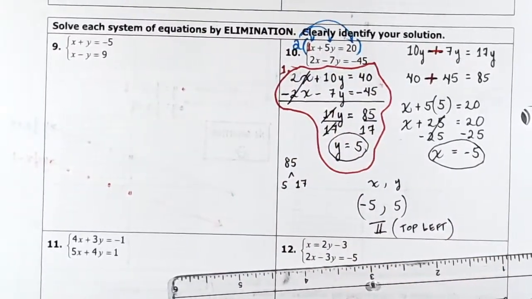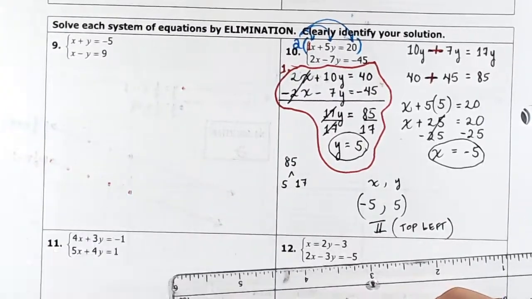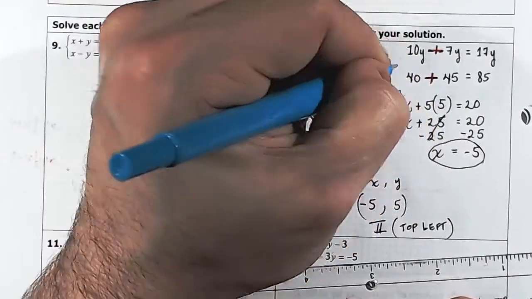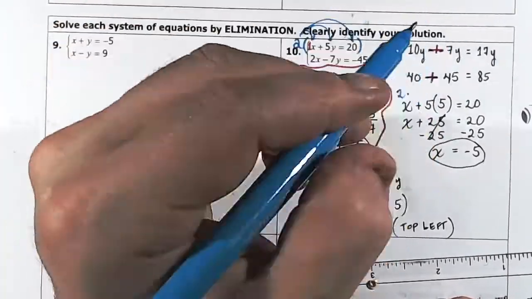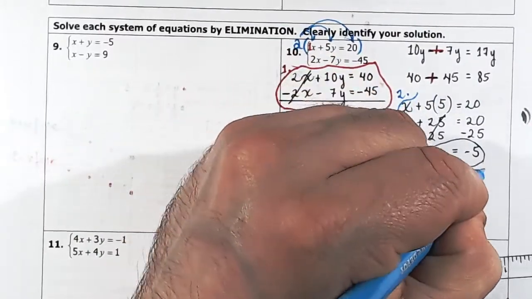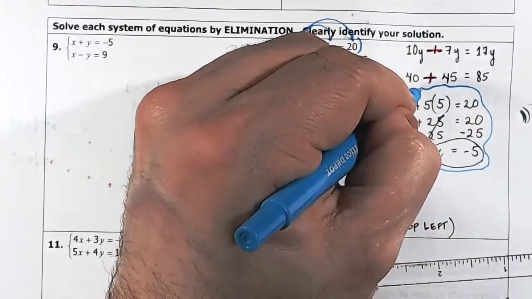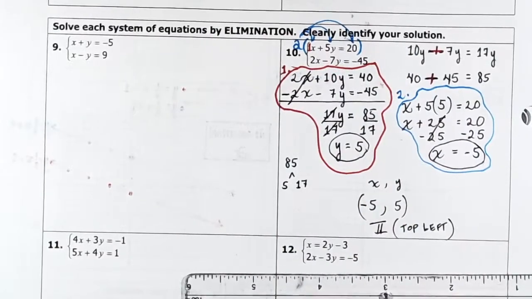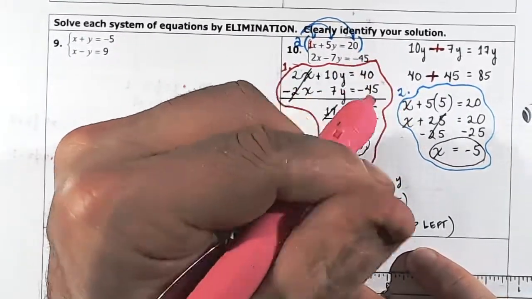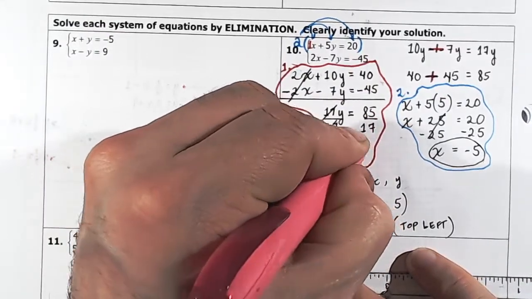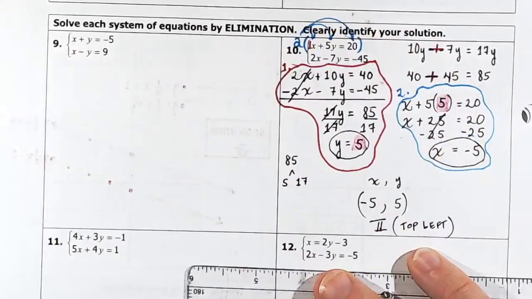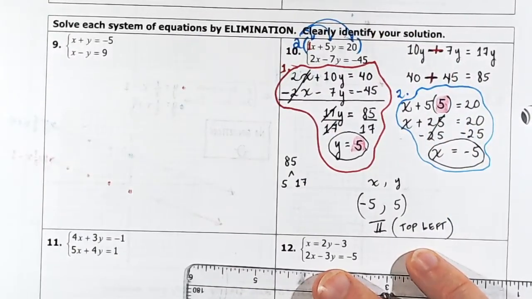And then step 2 was to plug that back into one of the equations. And what I was plugging back in was that we found in step 1 that y equaled 5. And so I plugged that back in to my other equation.